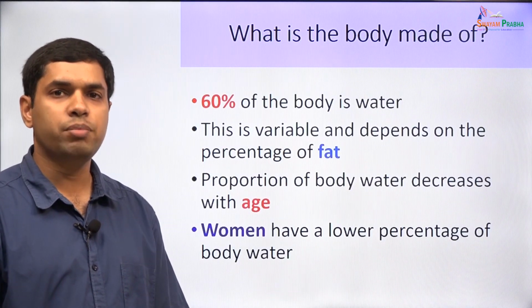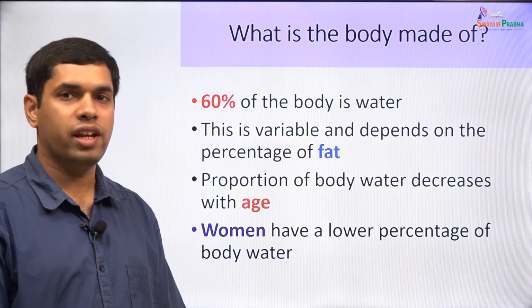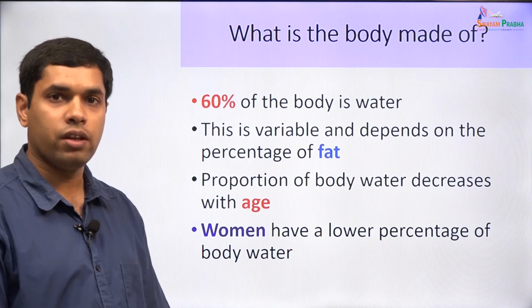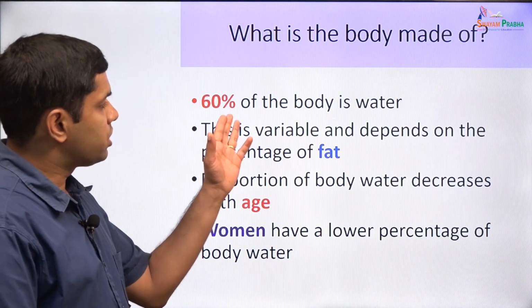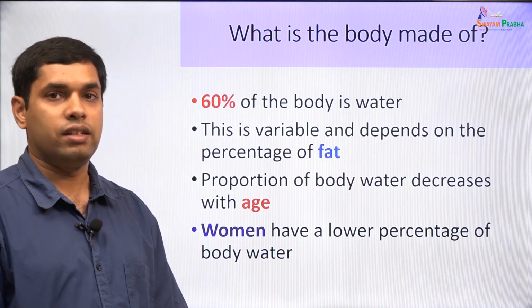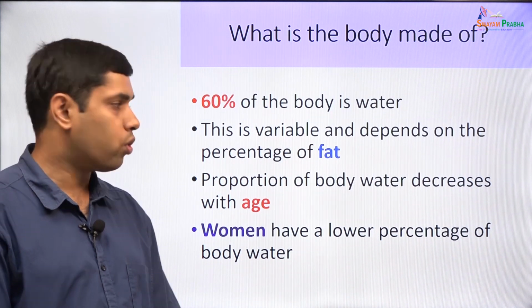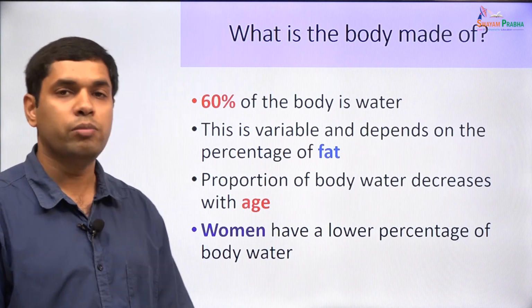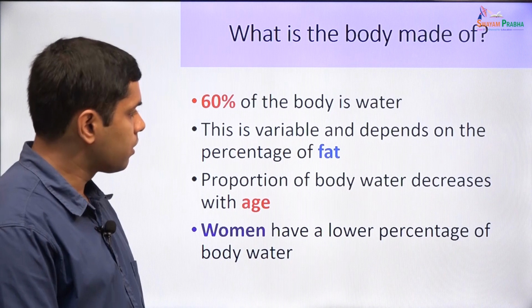Now, the 60% of body water is not an absolute value, and there are many variations of this percentage. This 60% of body water depends also on the percentage of fat. Fat is relatively free of water, and so the greater the proportion of fat, the lower will be the proportion of body water.